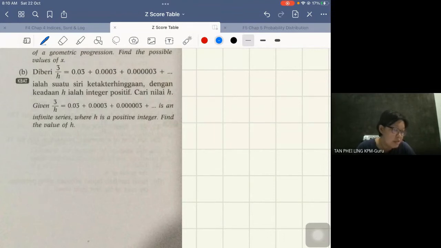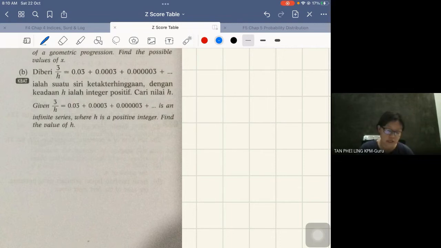Okay. So this one, you have to use the concept of GP already. Because GP you have again the same thing, the TN, the SN, and one more about GP is the sum to the infinity.